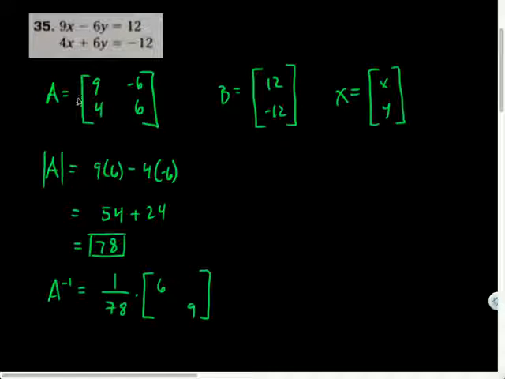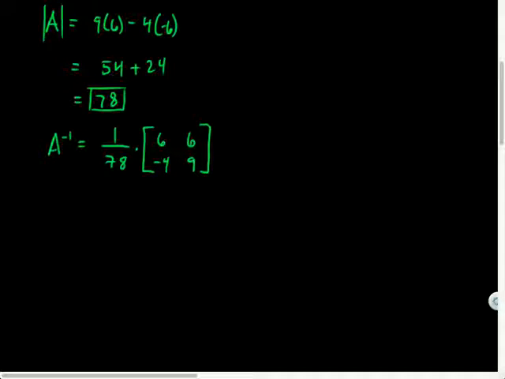And for the secondary diagonal, I change the sign. So instead of 4 and negative 6, it's going to be negative 4 and positive 6. I realize I could distribute this 1/78 in there, but I'm not going to do it. You can't make me, because it's not going to help me out right now. So x is equal to A inverse B.